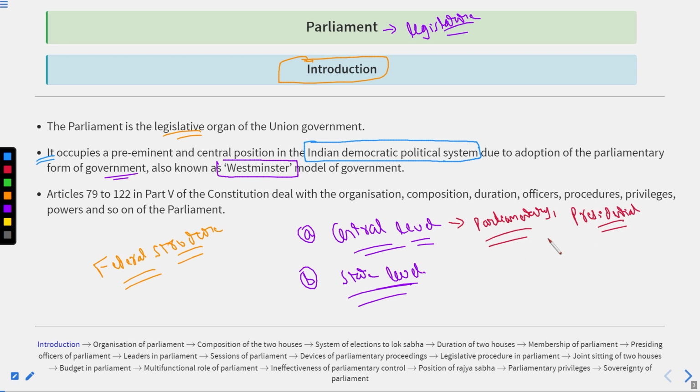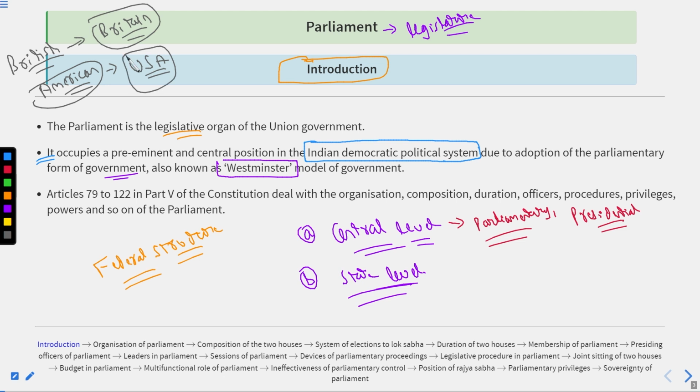These are the two forms of governance. Among the salient features of the Indian Constitution, we had discussed that there are two constitutions in the world that have a great influence on ours: the British and the American. American here does not mean the American continent; it means the United States of America, and British means Britain.